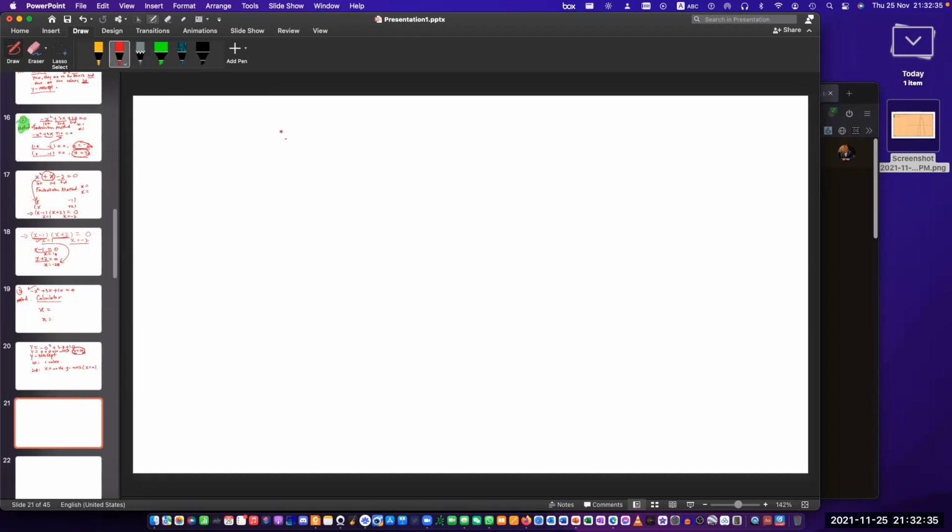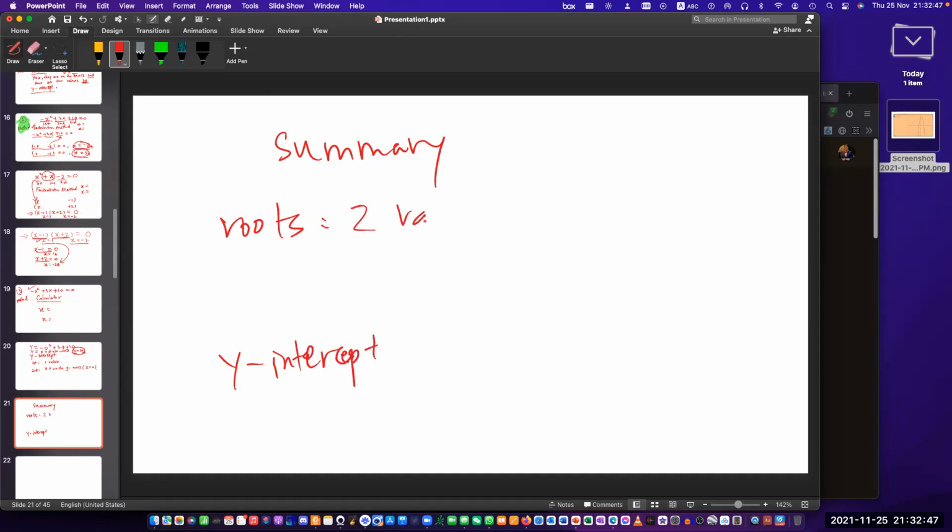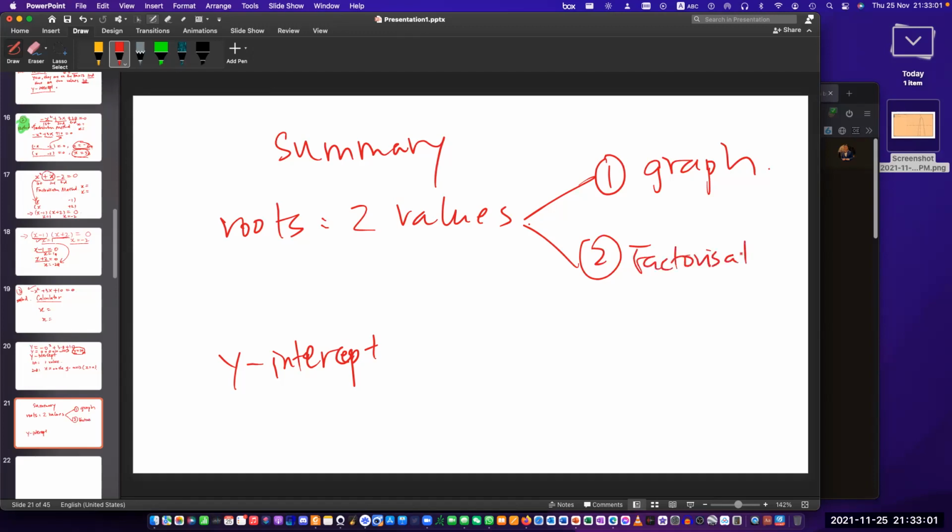So if I were to write down a summary, the roots and then the y-intercept. For the roots, two values, and you have two methods.